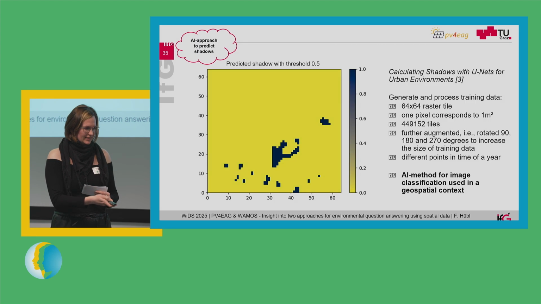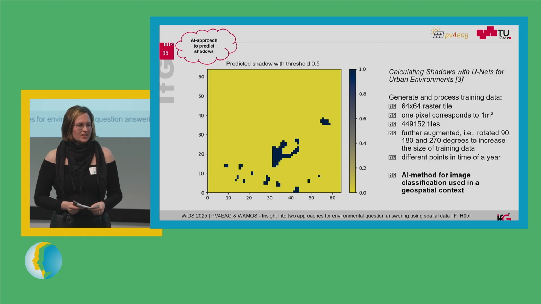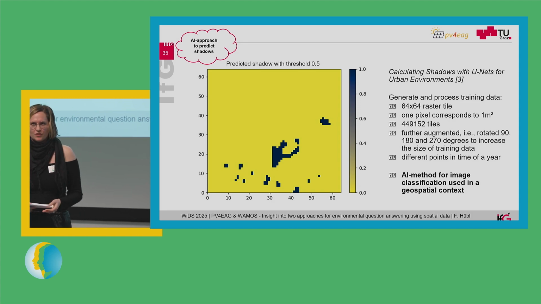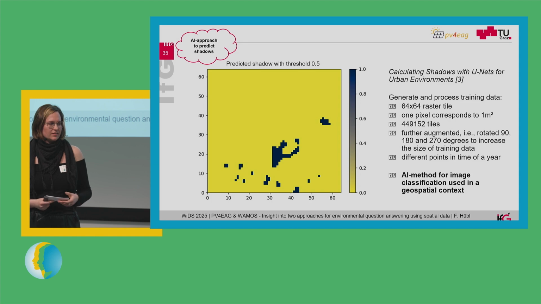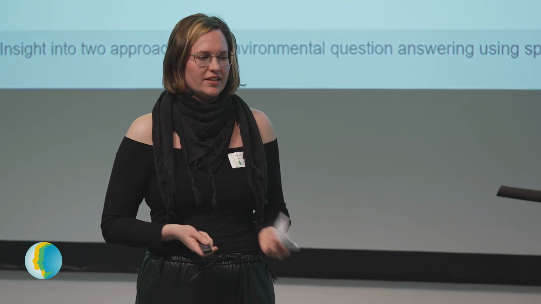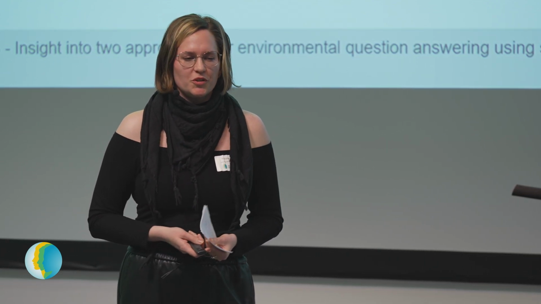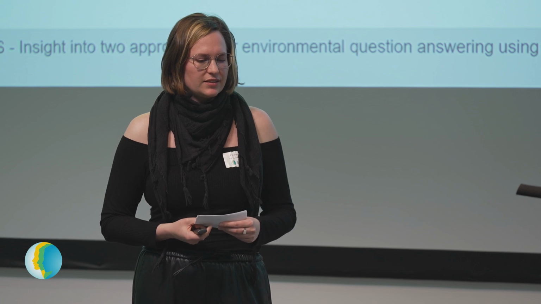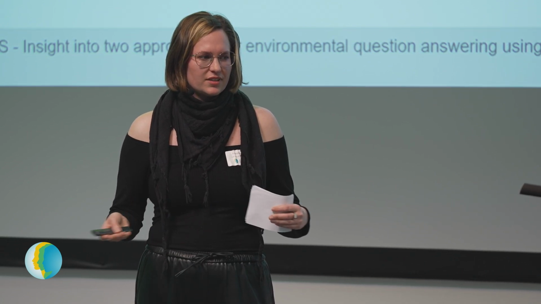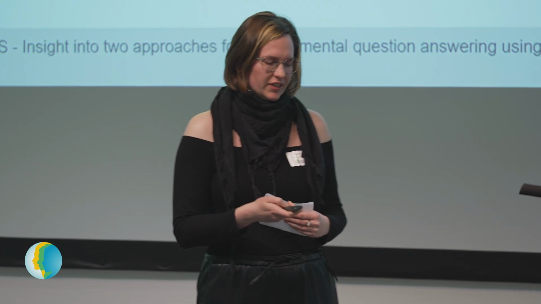The special thing about this is that we used a method that's usually used in medicine to classify medical images. We used it in a geospatial context. So we used these height models and raster sets we have for that.